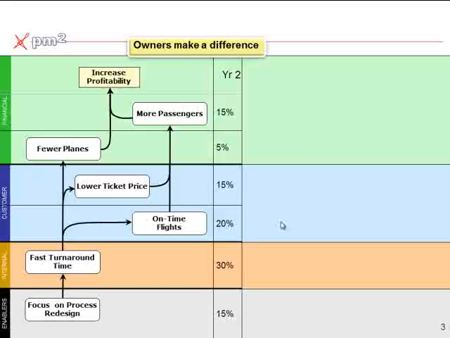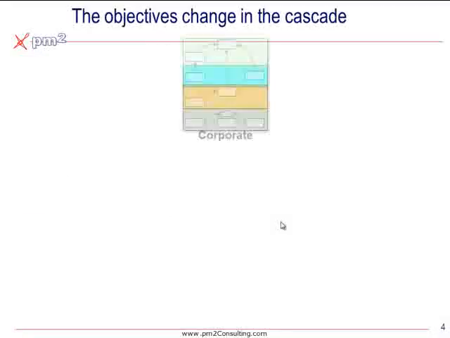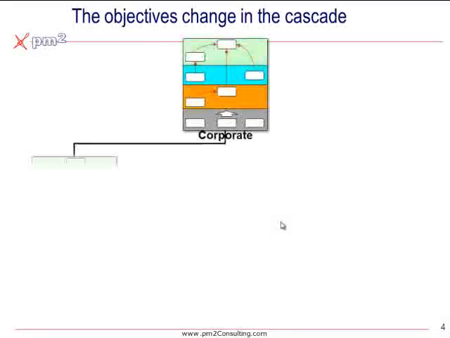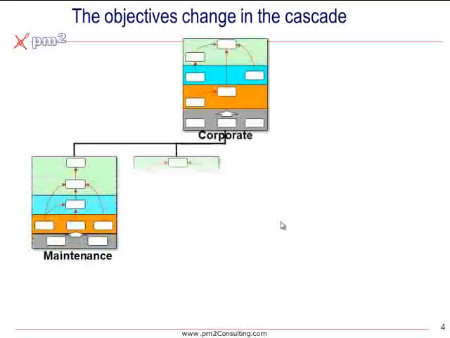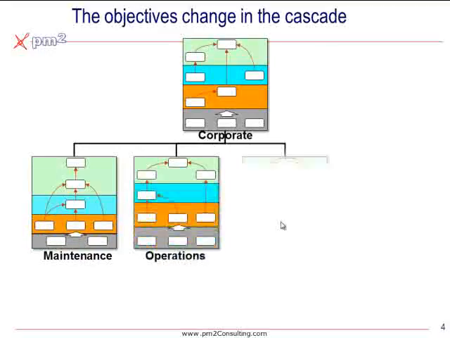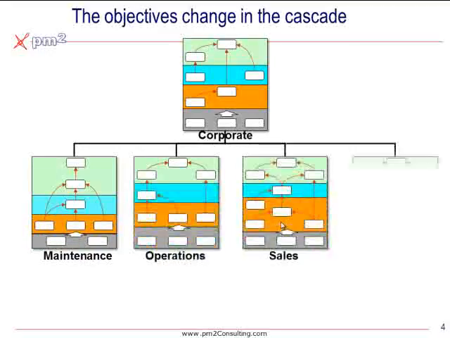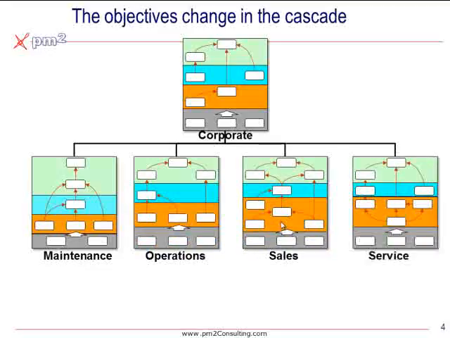Now, it's important to note with a strategy model, as you cascade it down the organization, the objectives and weightings will change. So, for example, in this case, if we cascade from corporate down to, say, maintenance versus operations compared to, say, sales or service, each will have a slightly different strategy map that describes their contribution to the overall strategy.